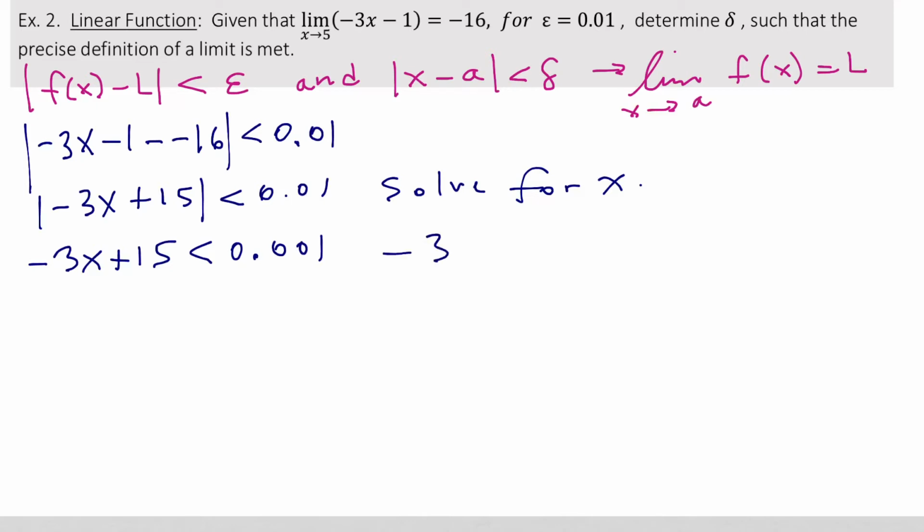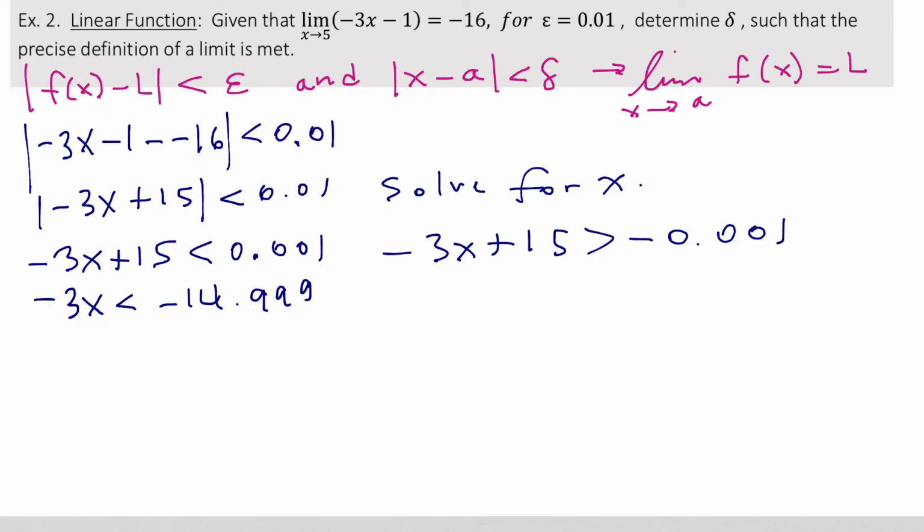Here's the second one, greater than negative 0.01. So I'm going to carry this through. I'm going to subtract 15 from the left, and I get this number here. And then if I divide by negative 3, that causes a sign flip, and I get something with a lot of 6s, that number there.